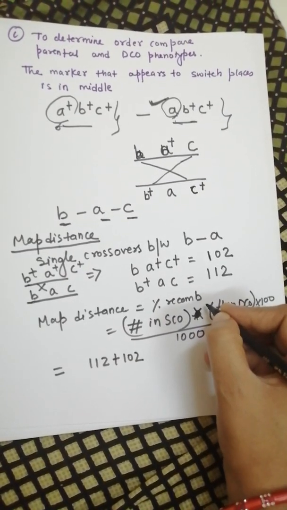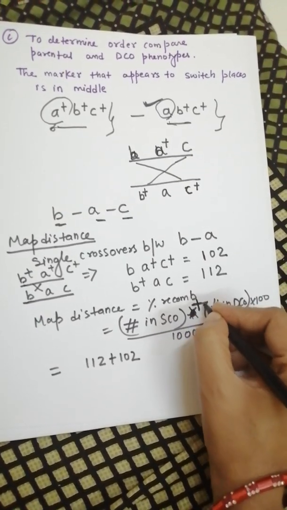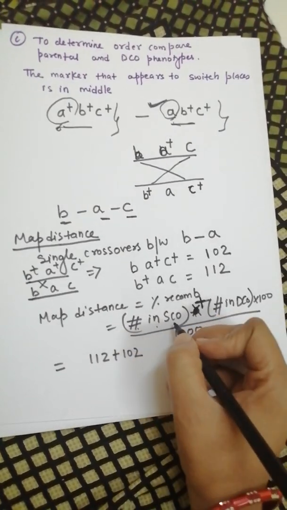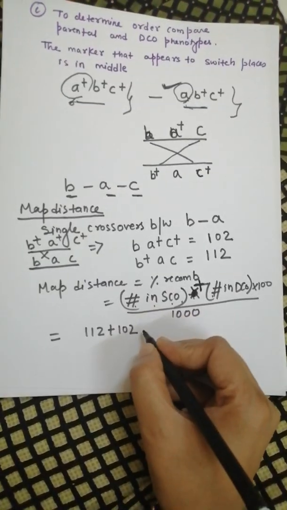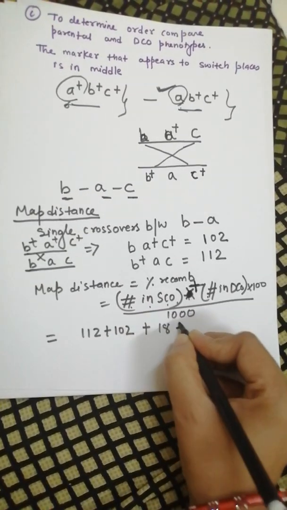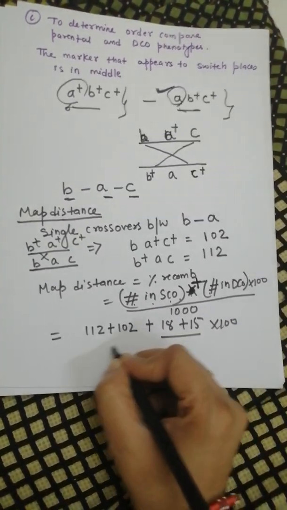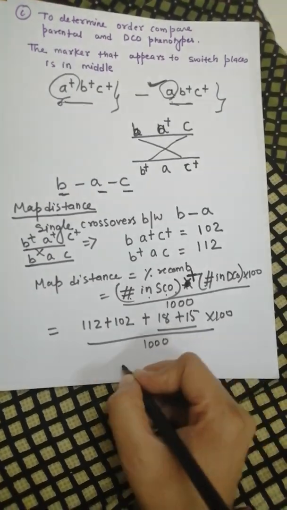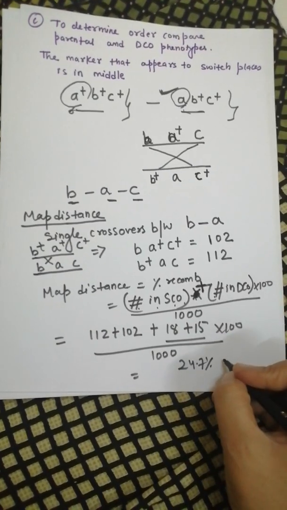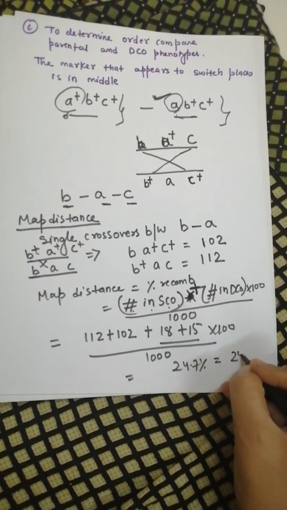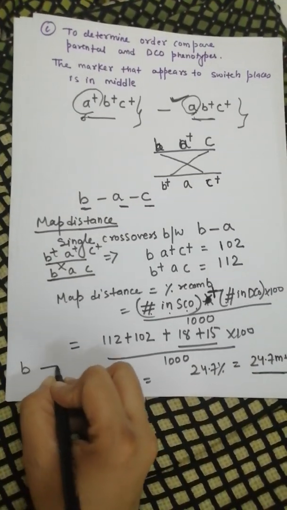Sorry, multiplication is in the case of coefficient of coincidence, but in this case it should be plus. 112 plus 102 plus 18 plus 15, these are in double crossover, upon total progeny, then it is 24.7% of recombinant progeny, and this will be 24.7 mu apart between B and A.